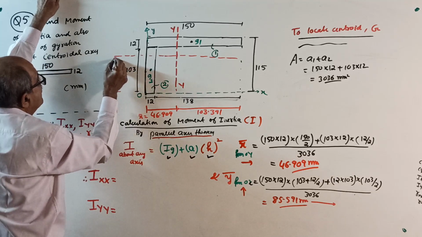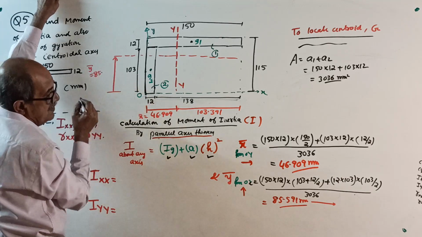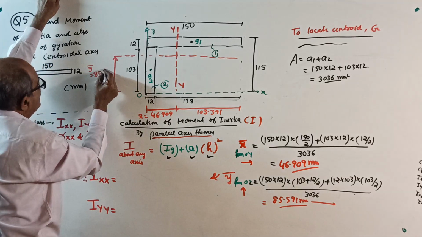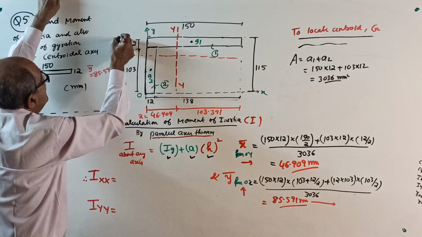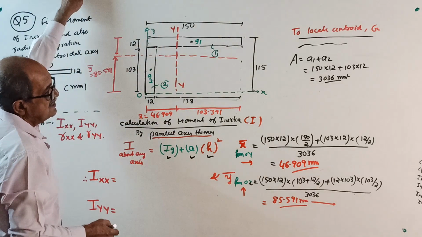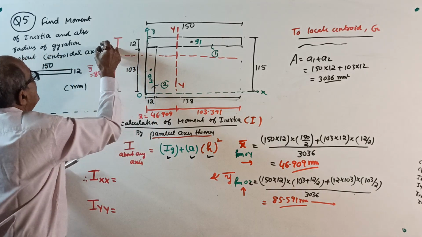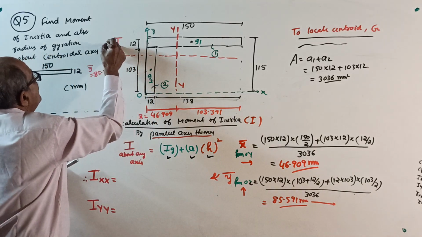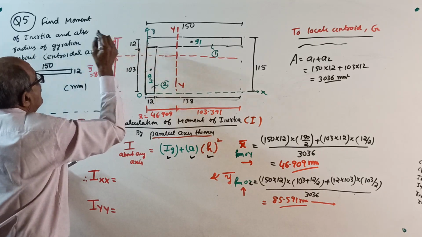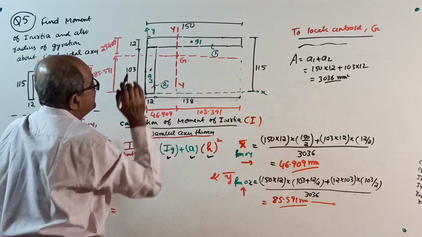This is your y bar, 85.591. Then immediately from the top edge, from total 115, subtract it, and you will get 29.409. Now the intersection point is the centroid for the entire cross section.